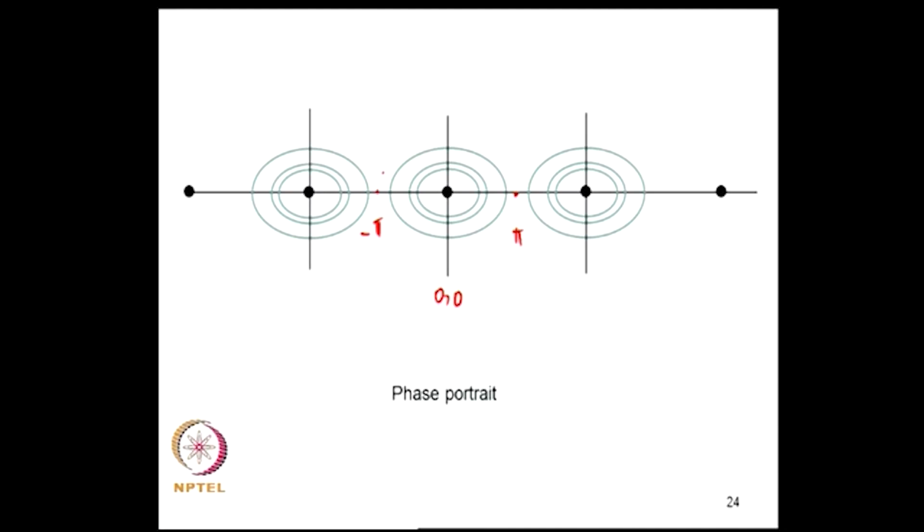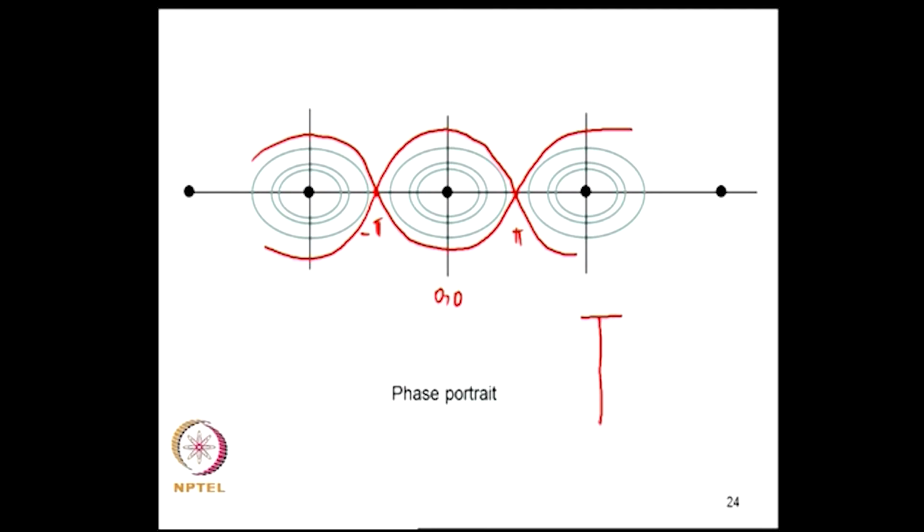So, if I now plot the trajectory passing through that, it will be like this. So, these are the pendulum motions. What we are saying is the origin is a fixed point, and if the pendulum occupies a vertical position, it is an unstable equilibrium, that is this point.